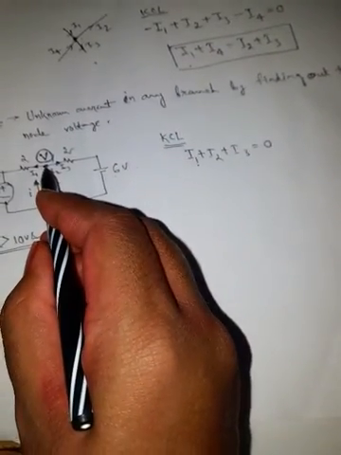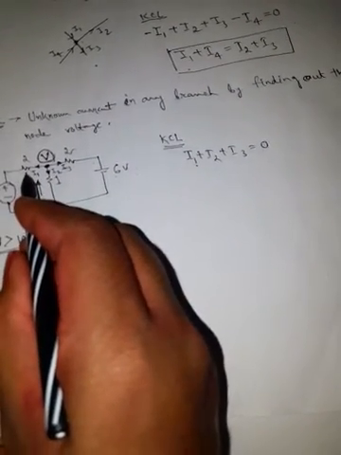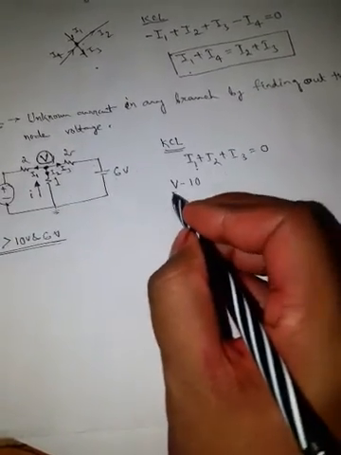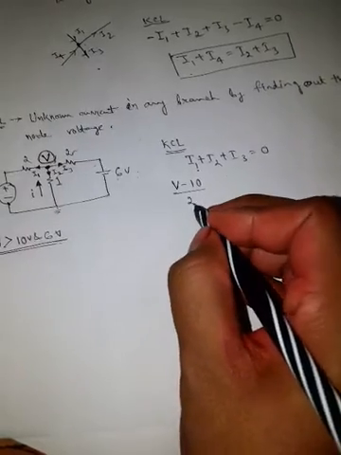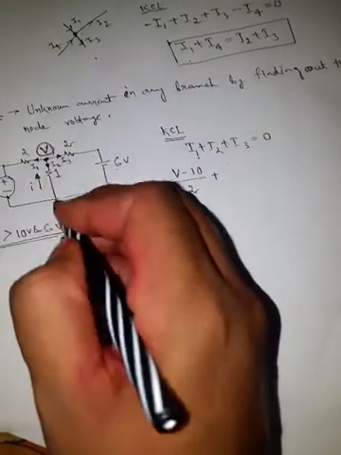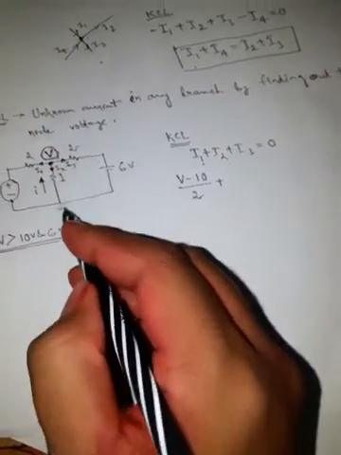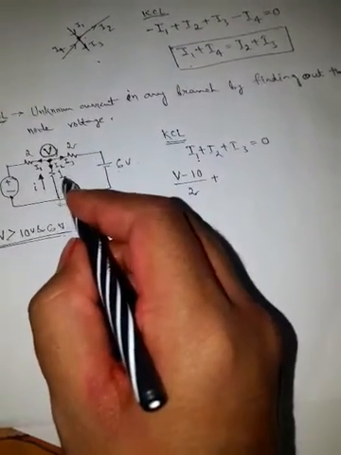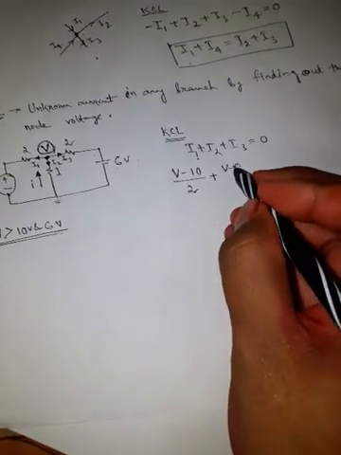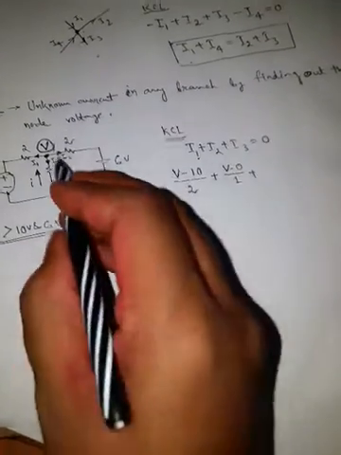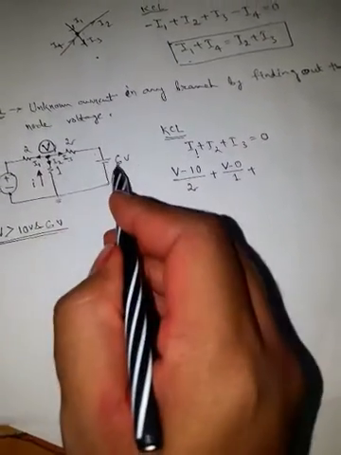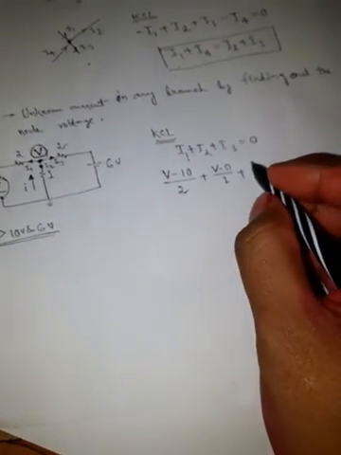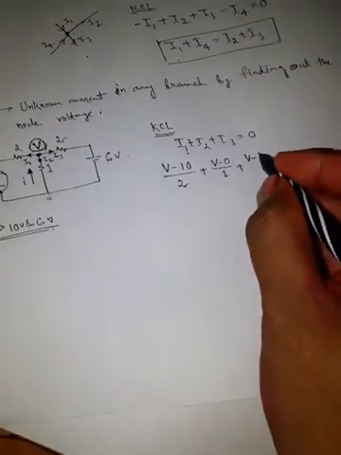This voltage minus this voltage divided by this resistance, so V minus 10 divided by 2. What is I2? This voltage minus 0 volt by this resistance, V minus 0 by 1. What is I3? This voltage minus this voltage divided by the resistance of the branch, 2.